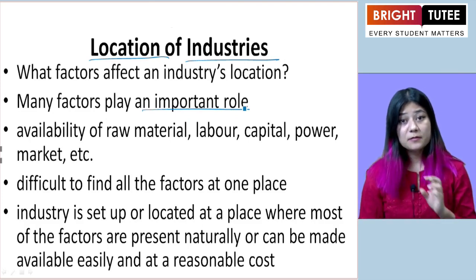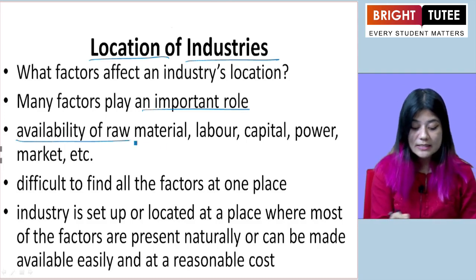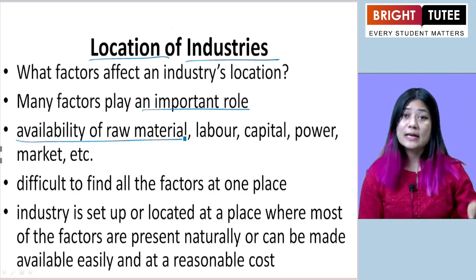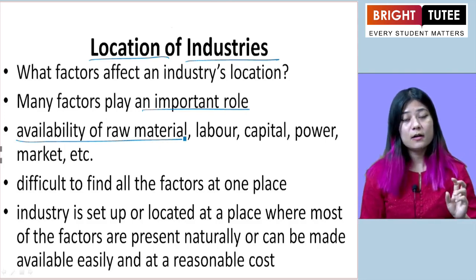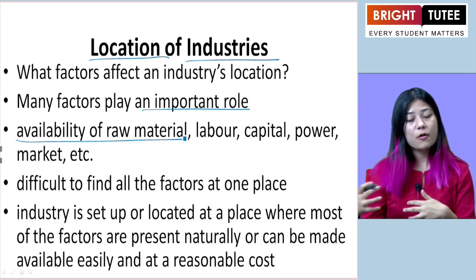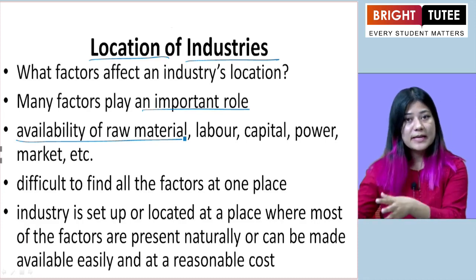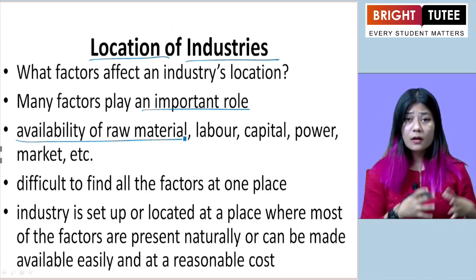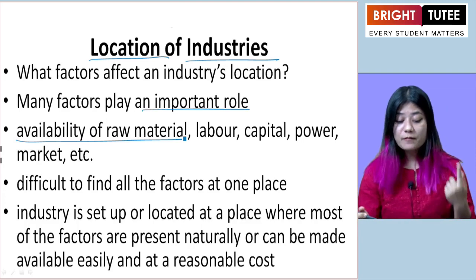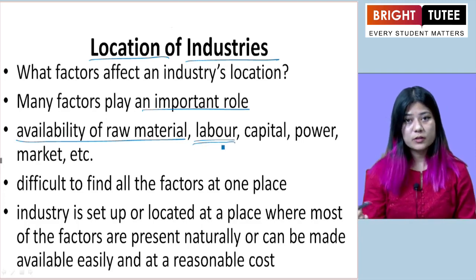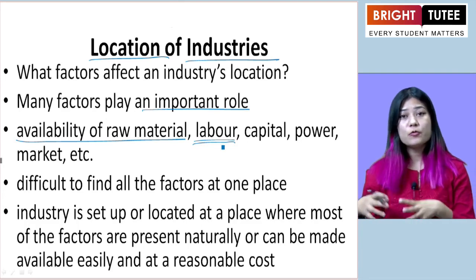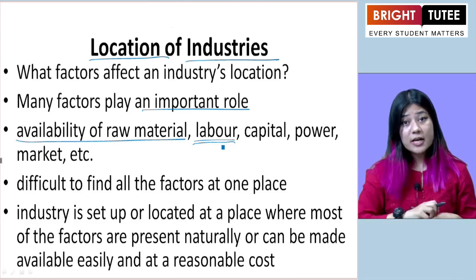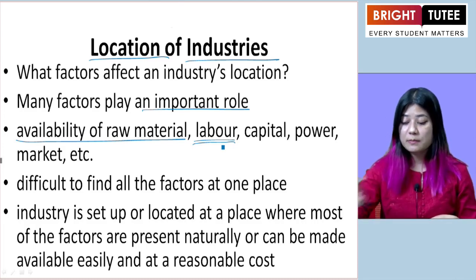Some of the most important ones are availability of raw material, whether the raw material is available in its locality or not, or how short the distance is from the place where the raw materials can be procured to where the industries are set up. Availability of labor, people who can work in the industries or who can work in transporting the raw materials to the industries and transporting the finished goods from the industries to the market.